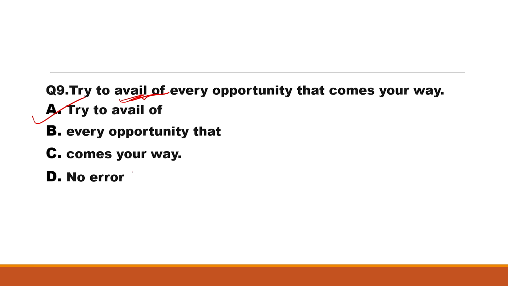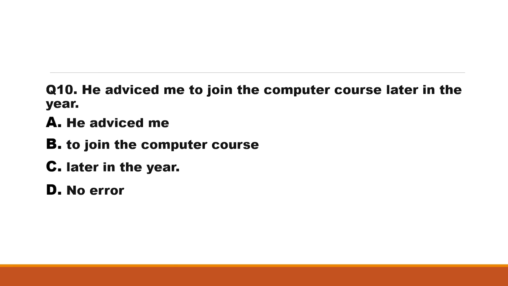Therefore, instead of avail, yourself of will be used. Hence, the correct sentence should be, try to avail yourself of every opportunity that comes your way. So, is it clear? Now, next solve this.